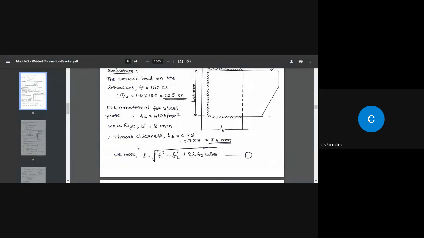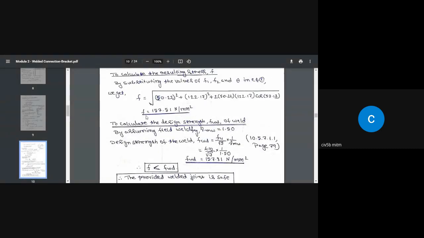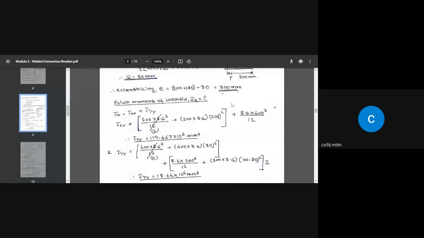So once we have the values of F1, F2 and theta, substitute the values in this equation, which you are familiar with already. After substituting the values here, I got the value of F equal to 157.51 Newton per millimeter square. So that is the resulting shear stress this critical unit area of the weld is subjected to.